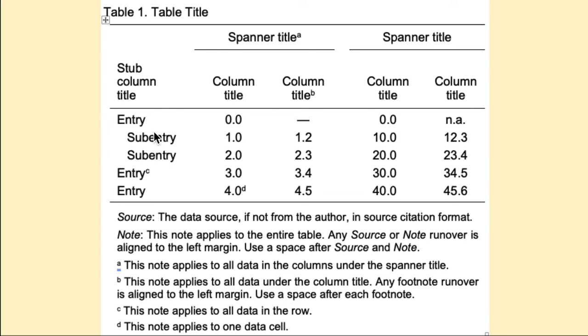Imagine if you had a bunch of entries that extended onto another page. You want to repeat these column titles so people know what they are without having to flip back. And then to know that you're still on Table 1, you need to have Table 1 continued.